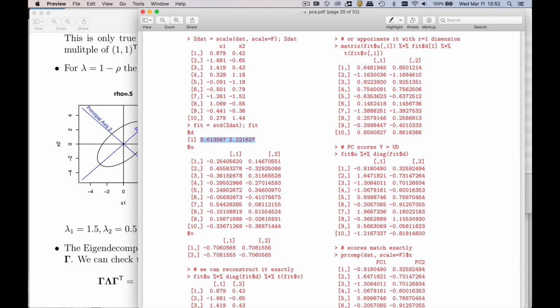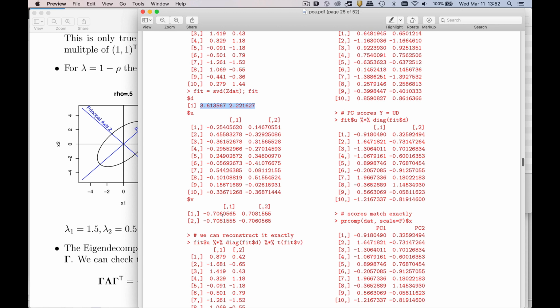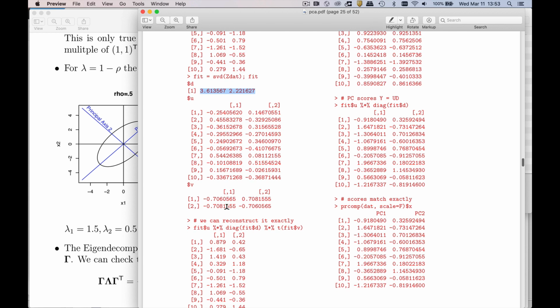Then we have the U matrix and the V matrix. Notice the V matrix has the eigenvectors we found earlier. Something slightly strange to me is why these aren't exactly equal. They should be exactly equal. And this essentially is the line 1, 1.